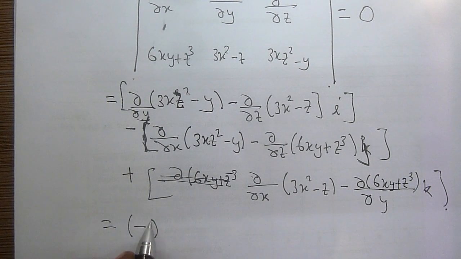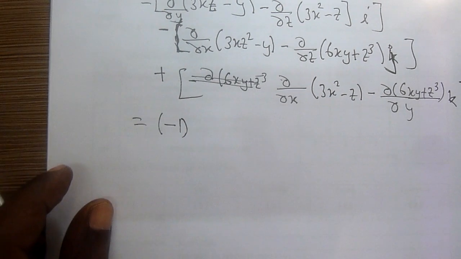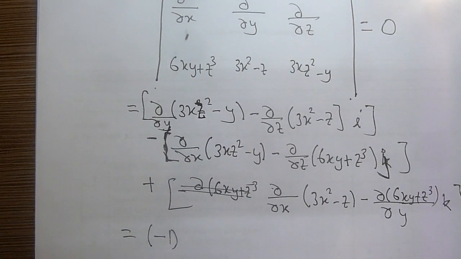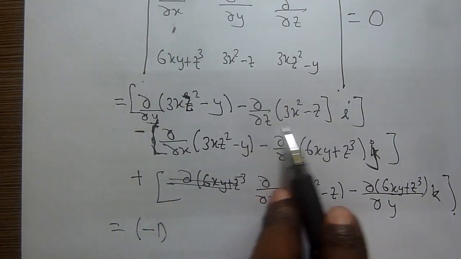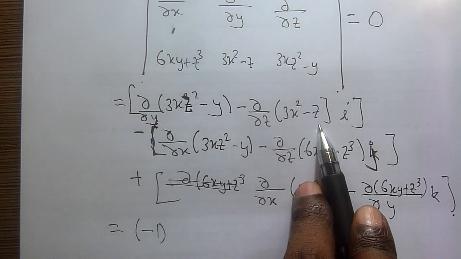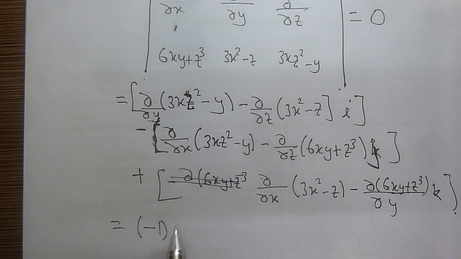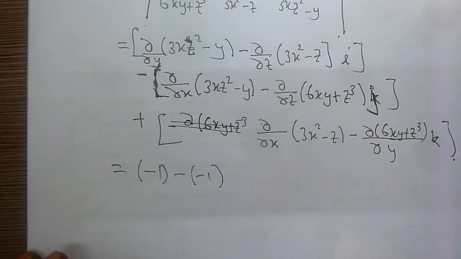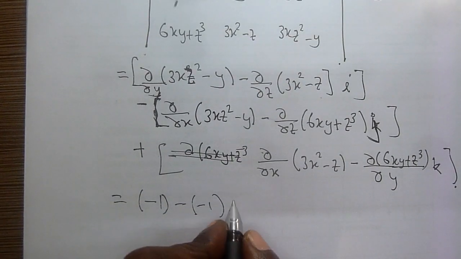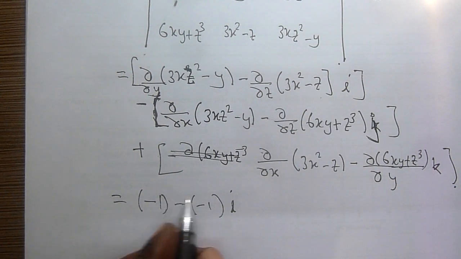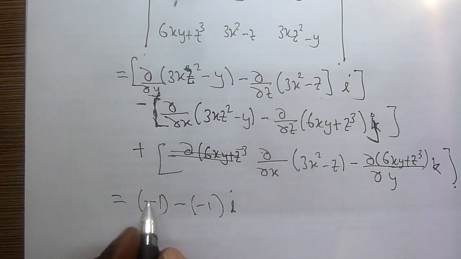Check again, what about del z of this? Minus, -1 again. That means the whole thing cancels to 0, which is the i component. We don't care; once it becomes 0, the whole thing becomes 0.